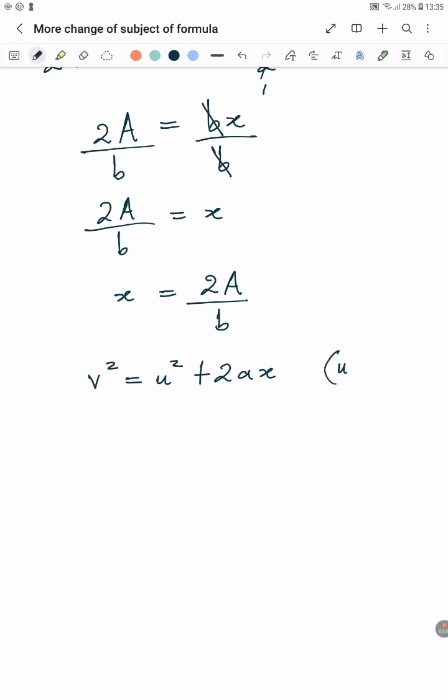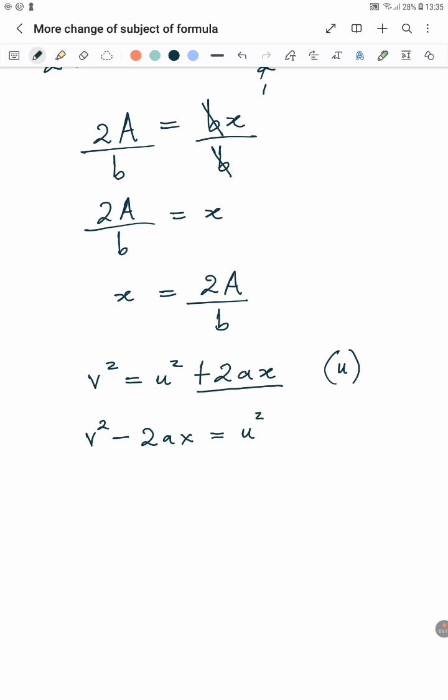So here you're going to remove this expression from the right hand side. When it comes to the left hand side, it becomes negative 2ax, and here you're going to remain with the u squared.